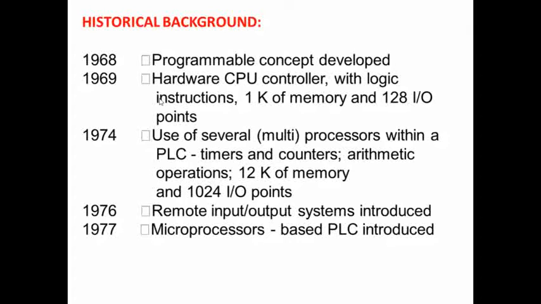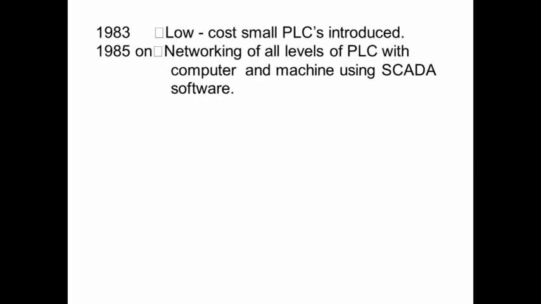In 1976, a remote-based input-output system was introduced in the PLC system. In 1983, a small-size PLC was introduced, and in 1985, remote location networking-based PLC was introduced with some SCADA software, meaning the results can be obtained from the system locations.